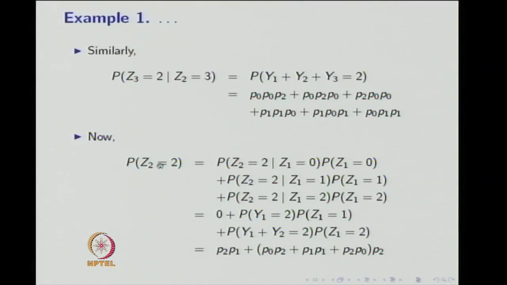Similarly, one can find the probability of Z2 equal to 2 also. The probability of Z2 equal to 2 is the same as the probability of Z2 equal to 2 given Z1 equal to 0 multiplied by the probability of Z1 equal to 0, plus the combination with the probability of Z1 equal to 1, and the probability of Z1 equal to 2. Substitute the values, then you will get the probability of Z2 equal to 2.